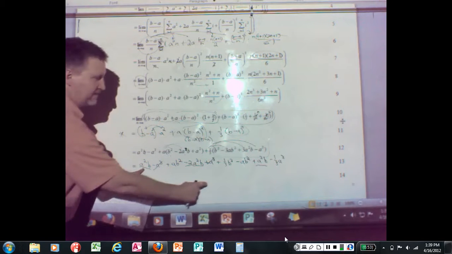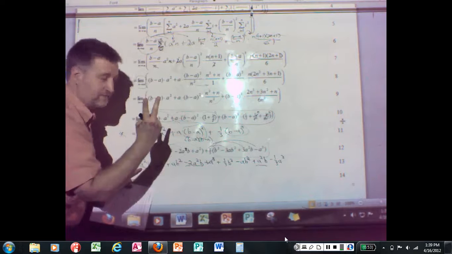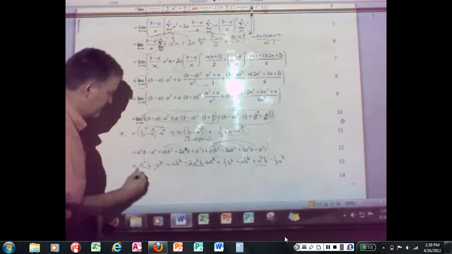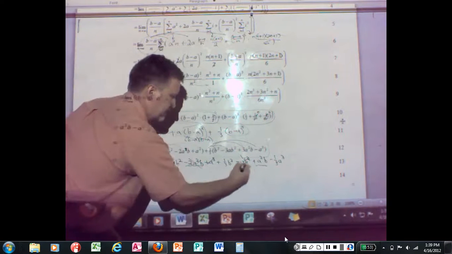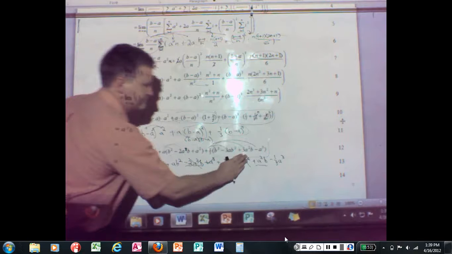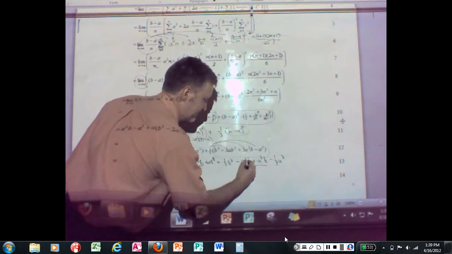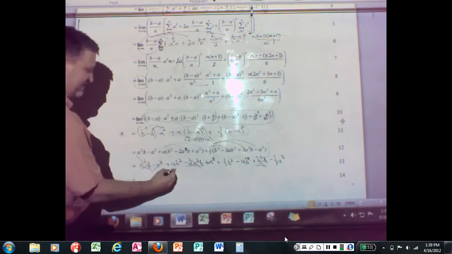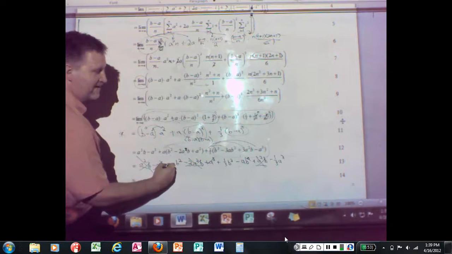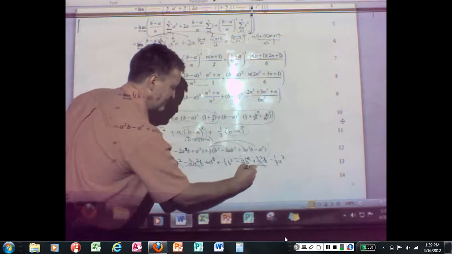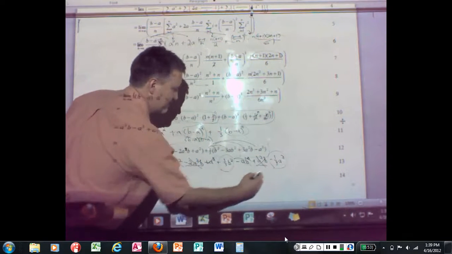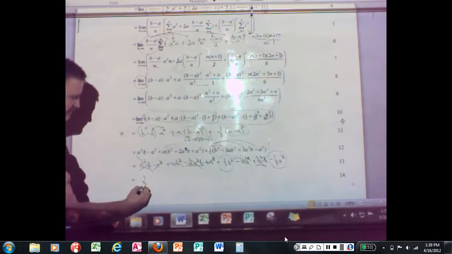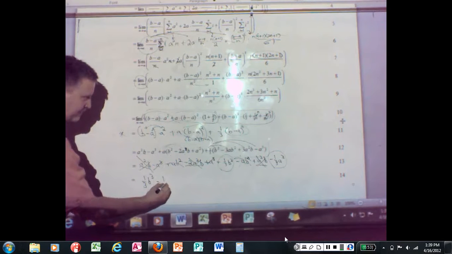A squared b plus a squared b is 2a squared b, but then I've got a minus 2a squared b. Yep. Those are gone. And then the same thing happens here, doesn't it? ab squared minus ab squared. What's left? 1/3 b cubed minus 1/3 a cubed.